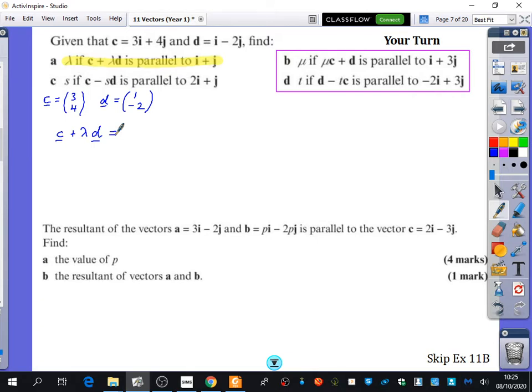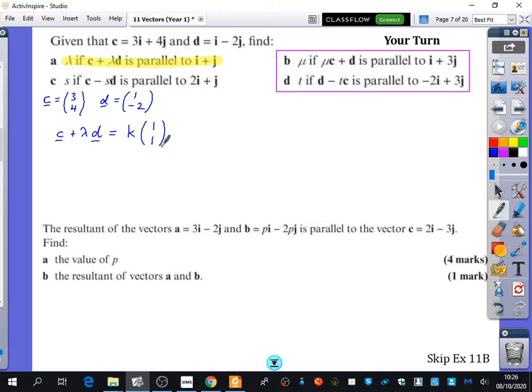So that's really important. We are going to say that this thing is a multiple of (1, 1). I've used k just because k is often used as a letter for a constant. You can use many letters, but I've decided to go with k.